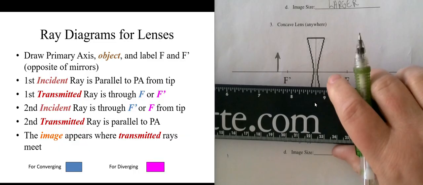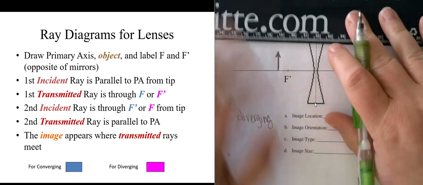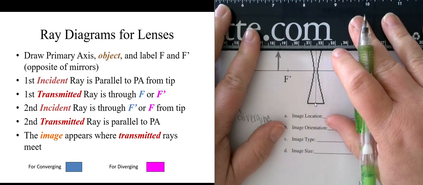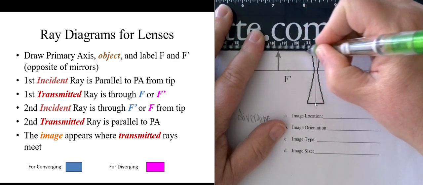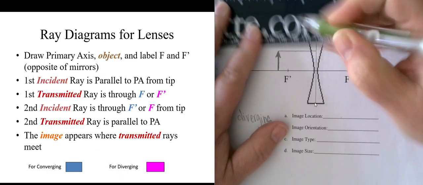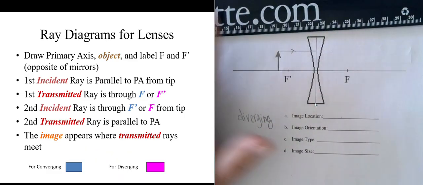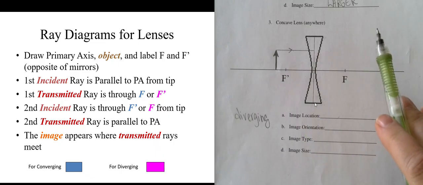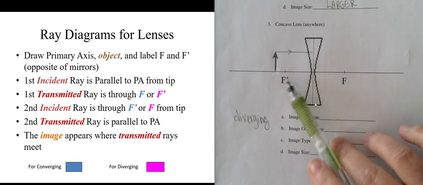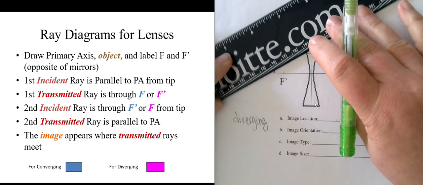And the first incident ray is always the same. It's going to connect the tip to the center of the lens, going parallel to the primary axis, or basically horizontally. Now, since this is a diverging lens, we're going to use the virtual focal point as our aiming device.